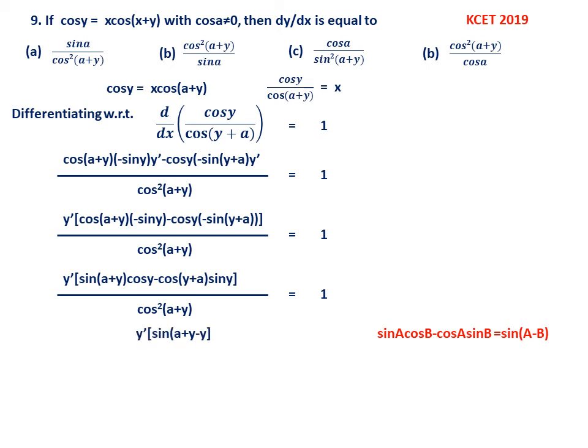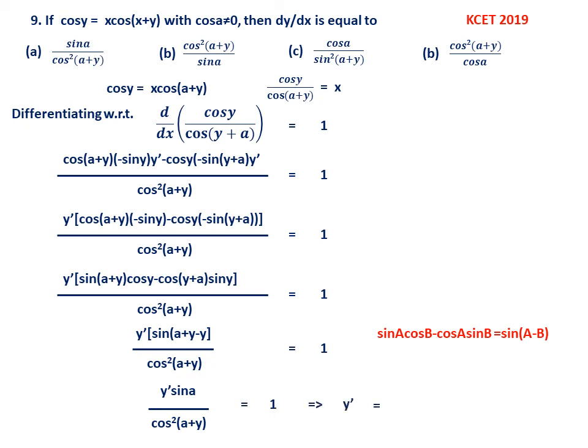So when you use this rule, you get y dash into sin of a plus y minus y divided by cos square a plus y, this equal to 1. Now you can see y and y cancel, so sin a remains, then cross multiply. Therefore definitely y dash into sin a divided by cos square a plus y equal to 1. So you can see the answer now.